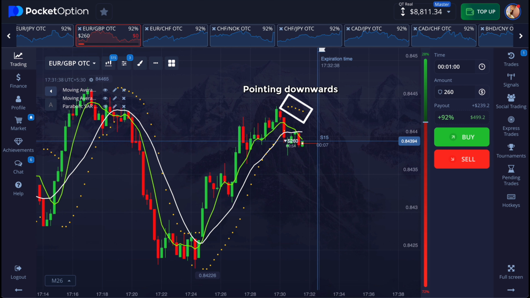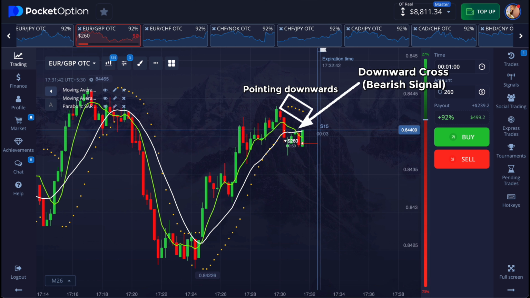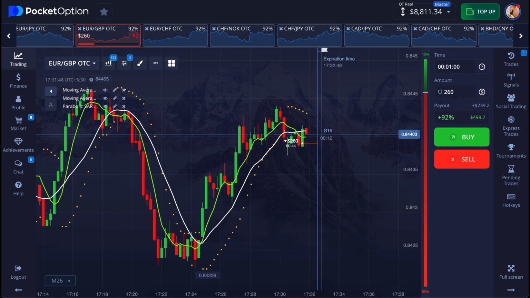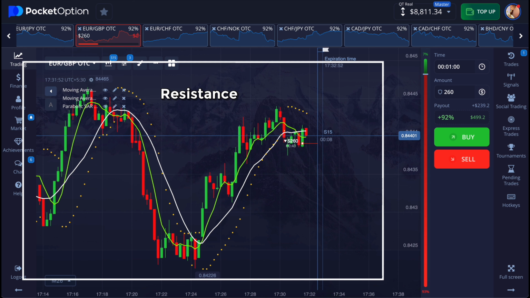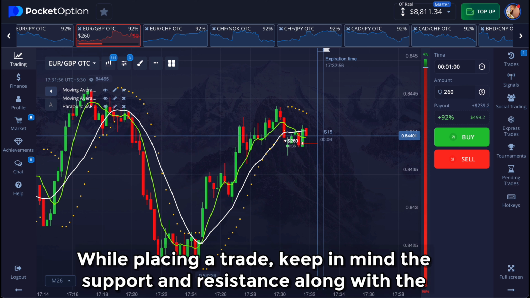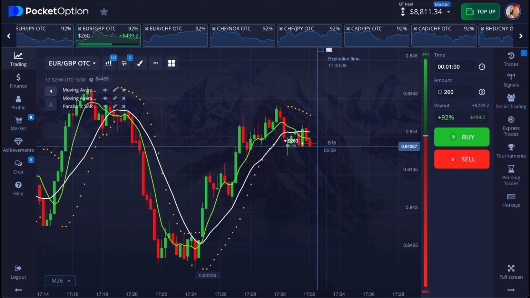This is indicating a bearish signal, and also the green line of the moving average has crossed the white line in the downward direction. This means that now the downtrend has started in the market, and if we see overall, then here the market is going down taking resistance, and now the support zone is very low. While placing a trade, keep in mind the support and resistance along with the indicators, as this increases the winning ratio considerably.